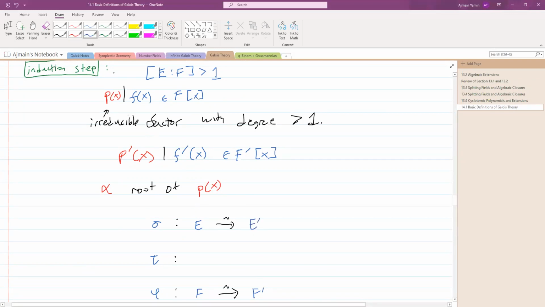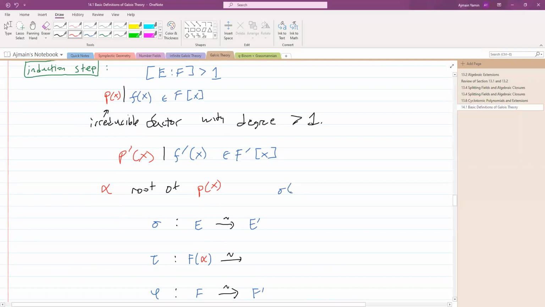And in between, we have the intermediate extension F adjoin alpha. So sigma restricts to tau on F of alpha. And what is sigma of alpha? It's some root of, right?